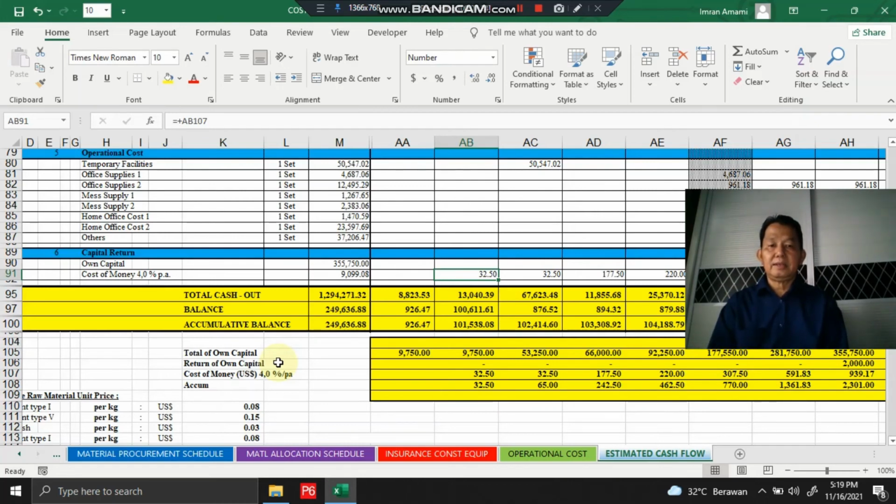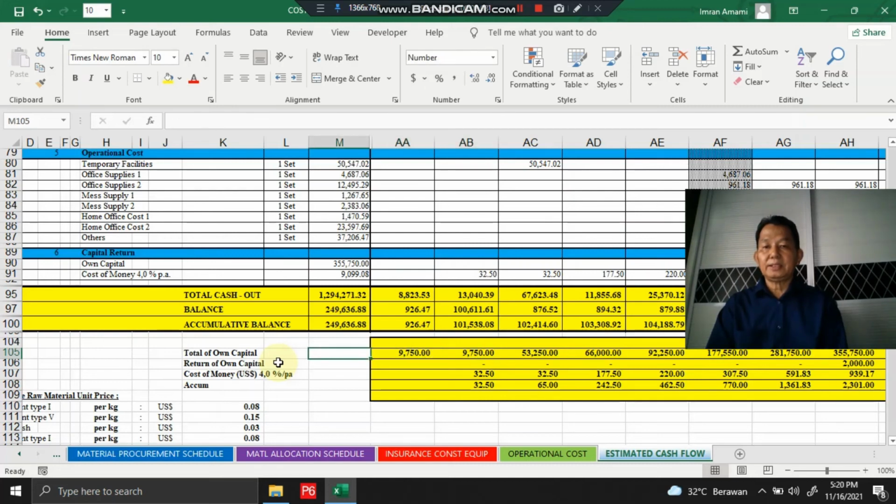Yes, this is based on the excess balance of its monthly excess that we found in each allocation cost. Okay, and this is the space for the calculation of the cost of money.